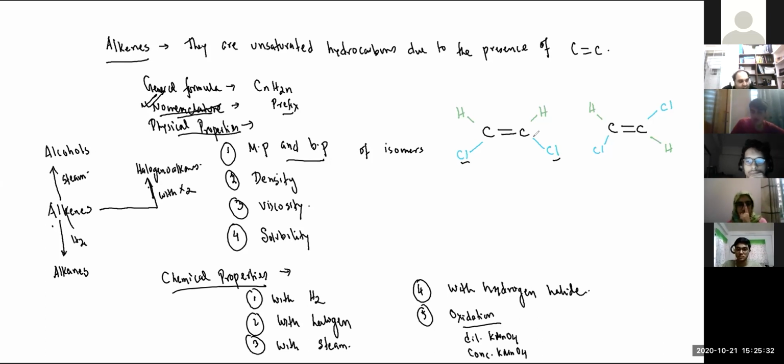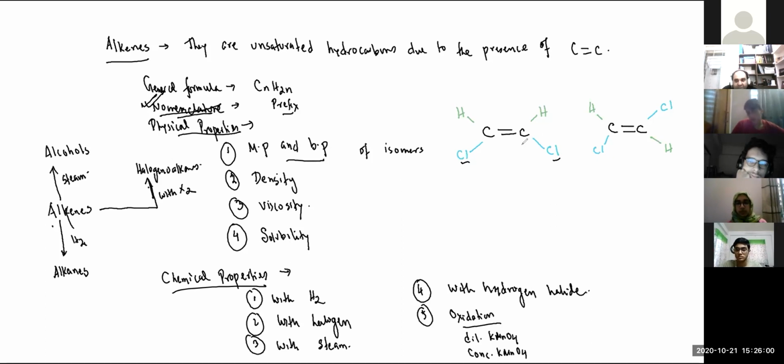Now, who's going to have a higher melting point? Trans? Why? Because the two are opposite, so the positive and negative on both sides don't cancel each other out. Very good, well done. There are two reasons.